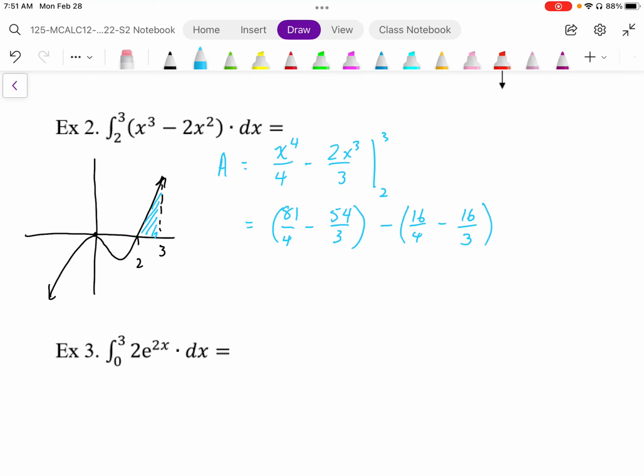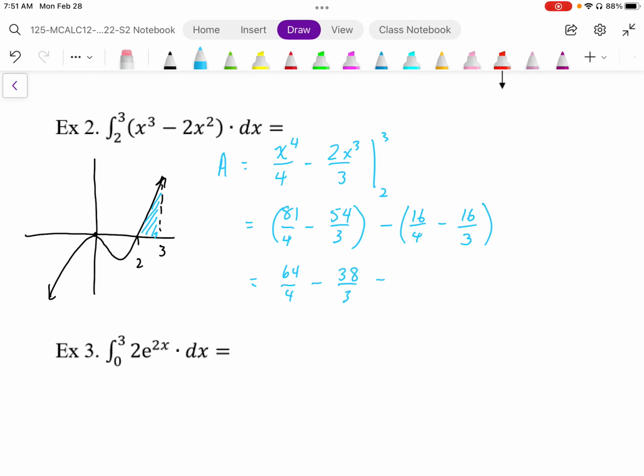Then I'm just going to subtract using common denominators. I'm going to do this in 2 steps. I'm going to end up with 65 over 4, and that's going to be 54 minus a negative, so it's going to be 38 over 3.